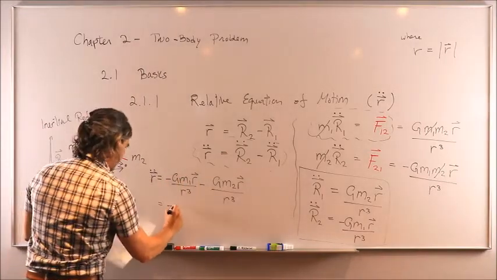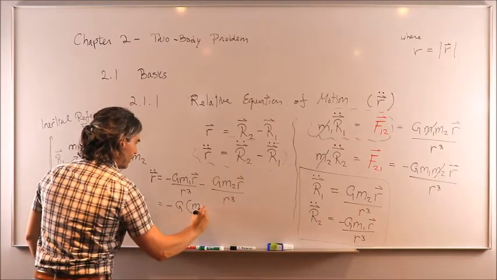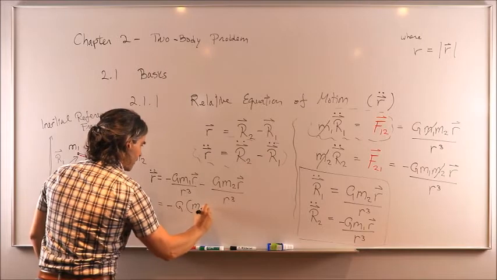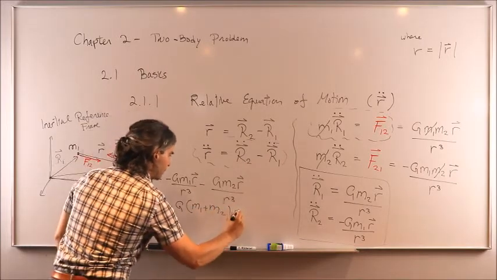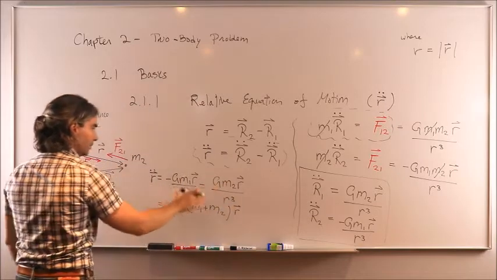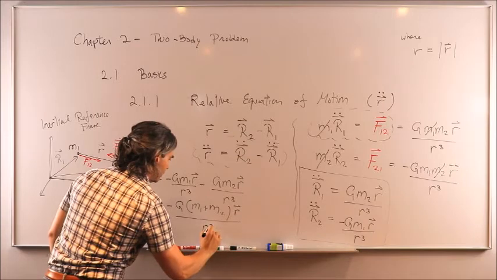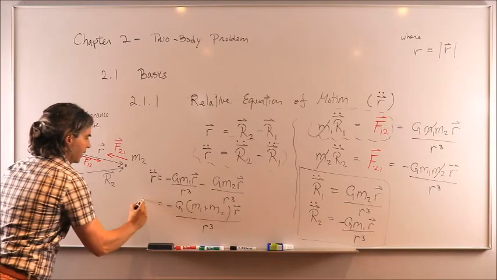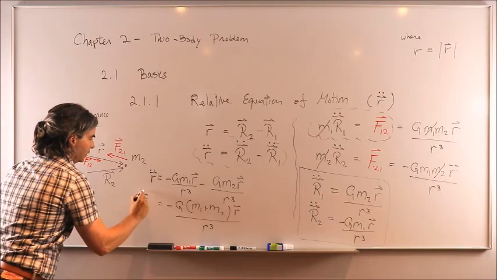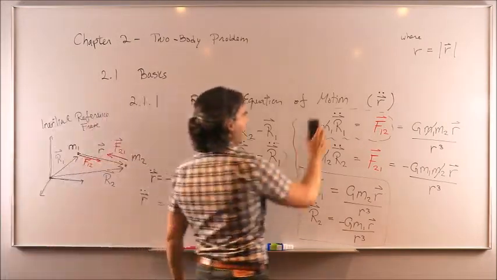I'm going to say minus G times m1 plus m2 times my position vector, which is also applicable to both terms. All of this divided by distance cubed. And this is for the inertial relative acceleration of m2 with respect to m1.